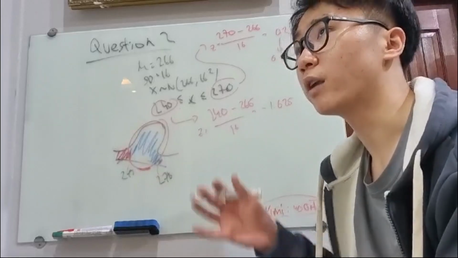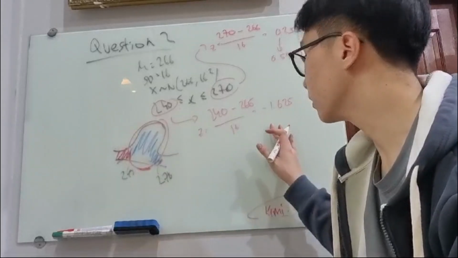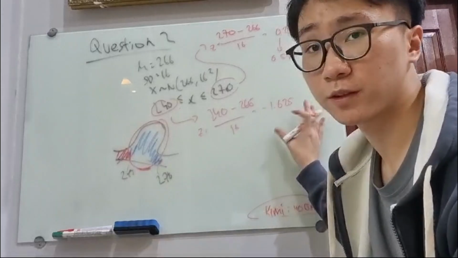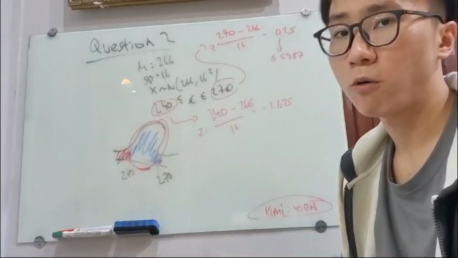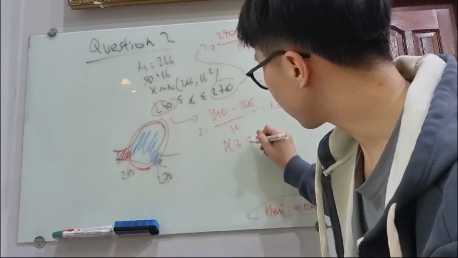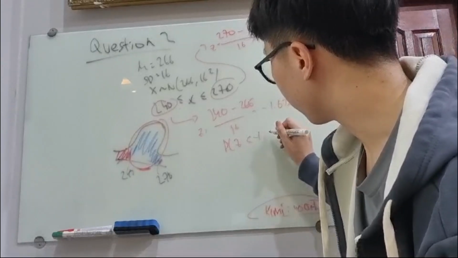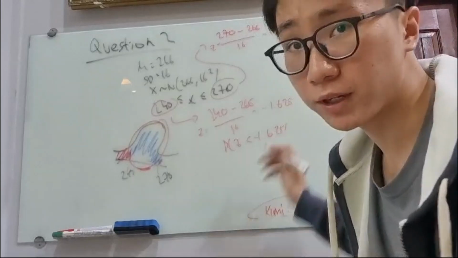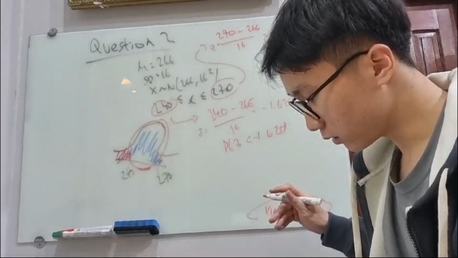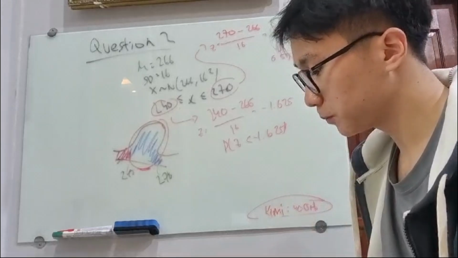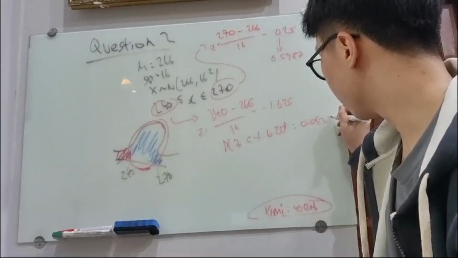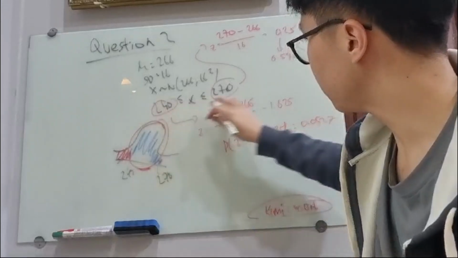We can either do 1 minus the probability of the modulus of this negative z value, or we can just instantly find the probability of z less than negative 1.625, and we can input it inside a calculator. And so we get the total probability of 0.0527. This is for 240.